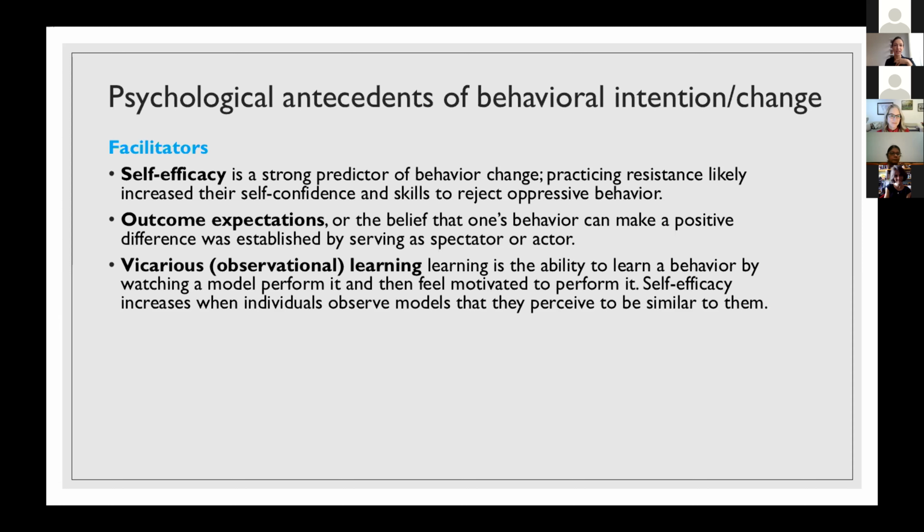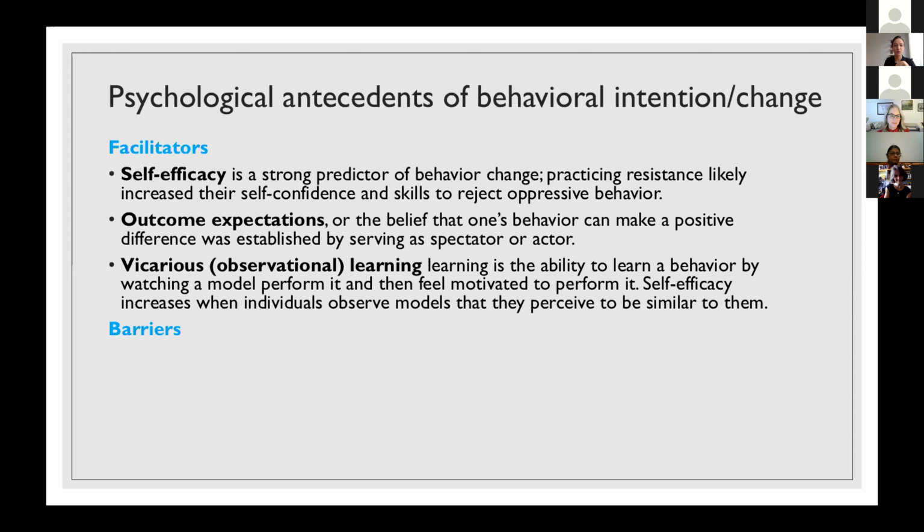So in this case, individuals are observing those from their same village, from their same community, acting out a behavior. So their motivation to copy that behavior is probably much higher than if it were someone from outside of their context.